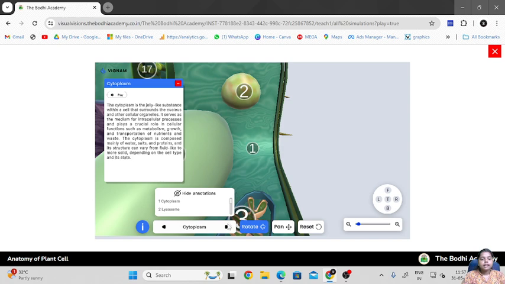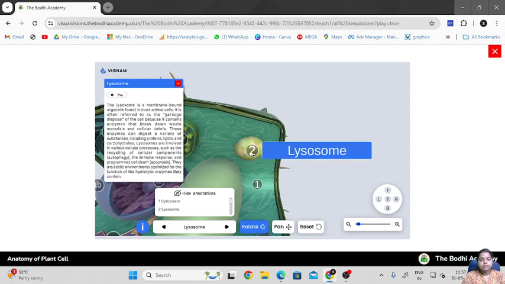Okay, then next we'll see the lysosome. So what is a lysosome? It is a membrane-bound organelle which is found in most animal cells also. It is also referred to as the garbage disposal. What is its function? It contains enzymes which break down the waste material, the cellular waste from the body, and it contains some hydrolytic enzymes.